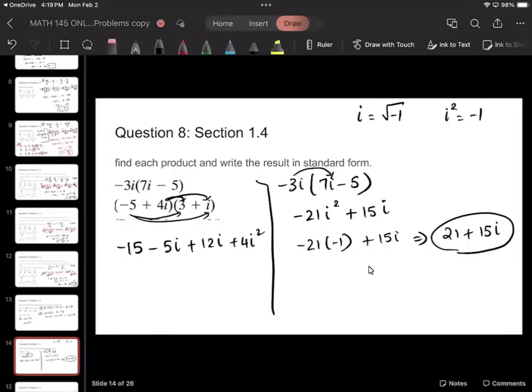Okay, so then you are going to keep it like this for just a minute and you are going to replace the i squared with negative 1. So this becomes like so. Then combine the like terms. Negative 15 minus 4 is negative 19 plus 7i is the answer.